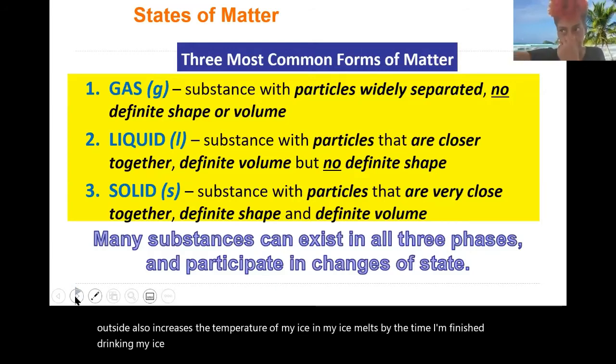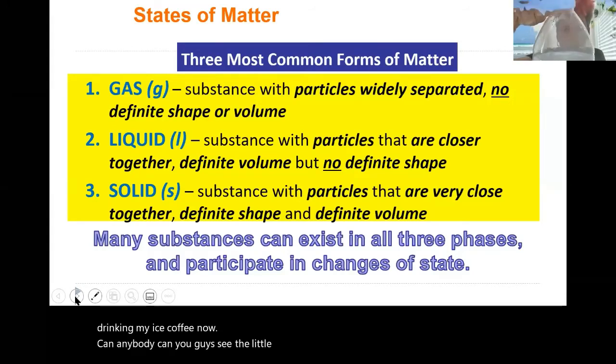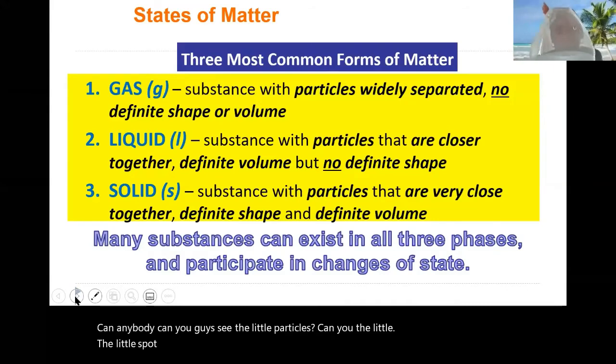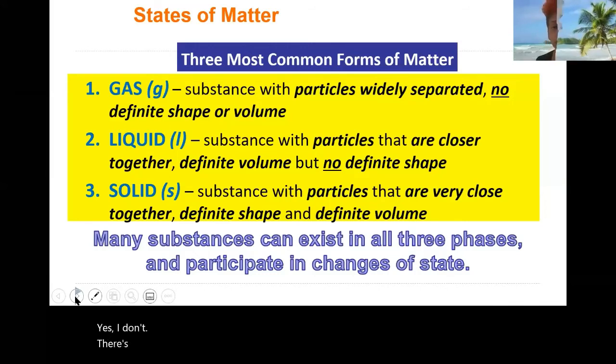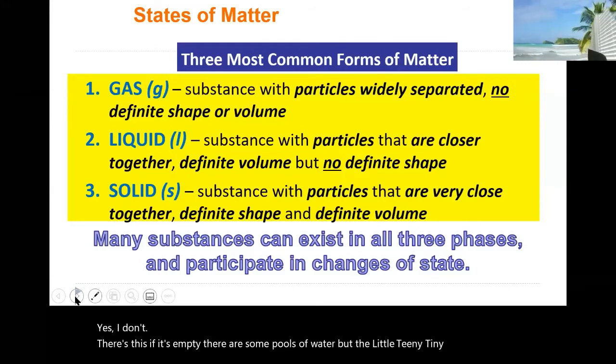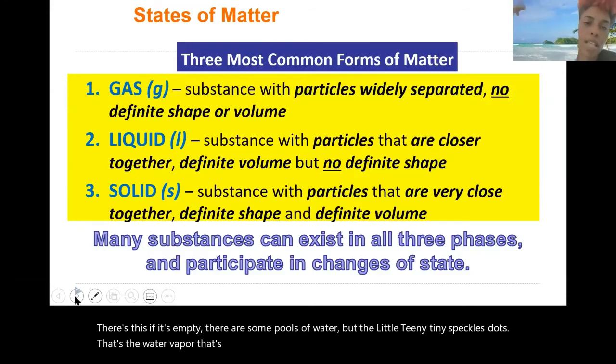Now, can you guys see the little particles? Can you see the little spots inside my water bottle? Yes. It's empty. There are some pools of water, but the little teeny tiny speckles, dots, that's the water vapor that's condensed on the sides of the bottle.